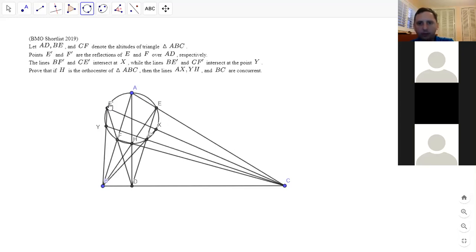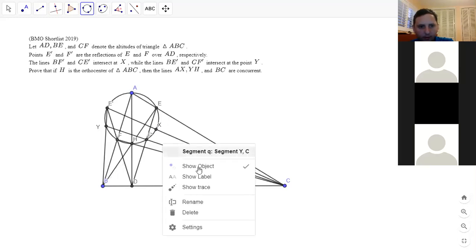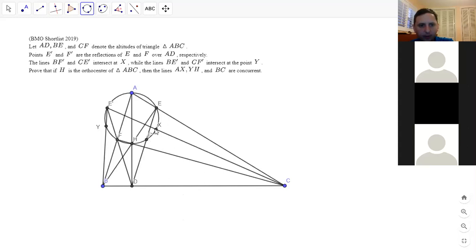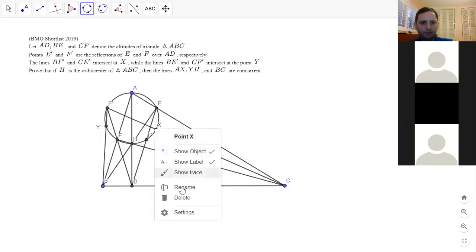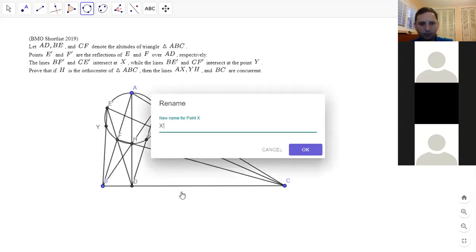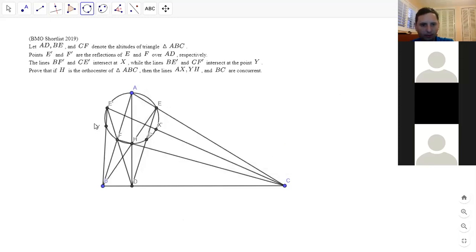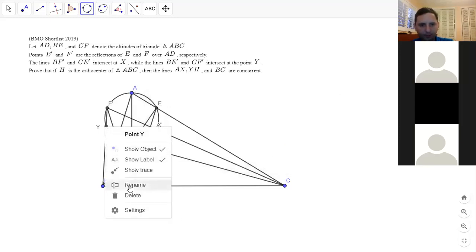Let CE prime cut the circle at X. Okay, so let's hide this and this. And we can call this X prime. And we can call this Y prime.